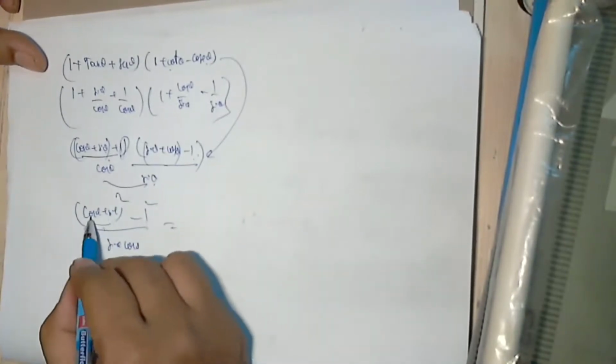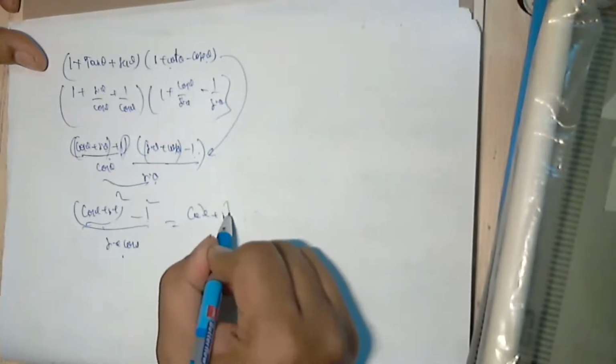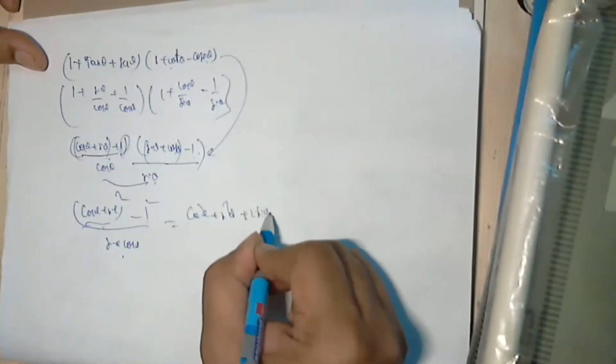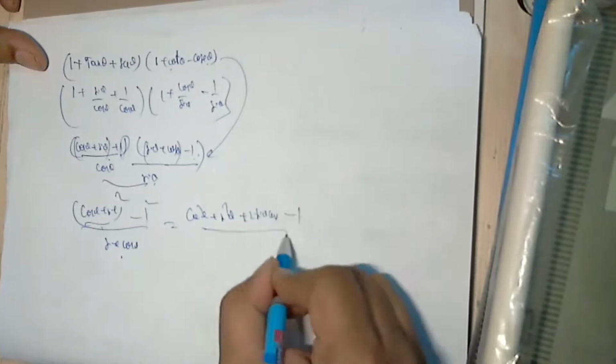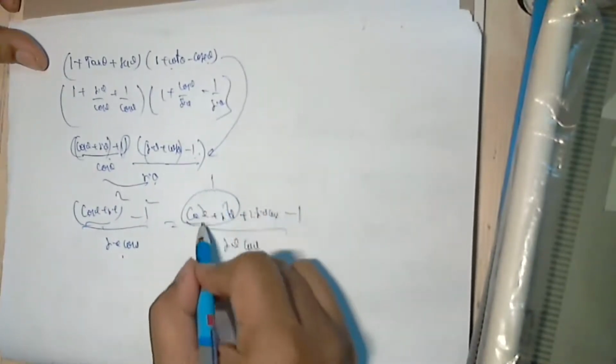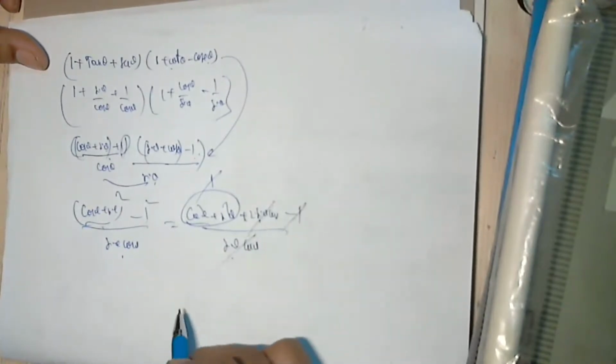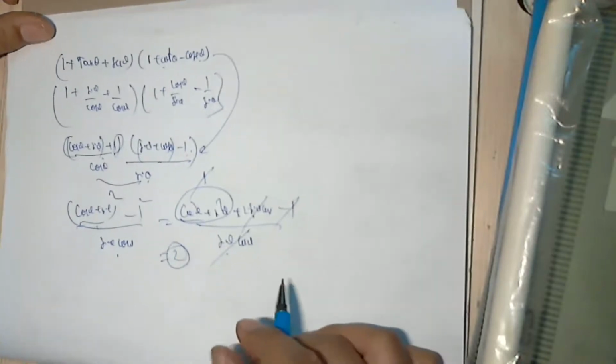So that is equal to cos square theta plus sin square theta plus 2 sin theta cos theta minus 1 by sin theta cos theta. Cos square theta plus sin square theta is 1, 1 minus 1 gets cancelled out. 2 sin theta cos theta by sin theta cos theta cancels out. Answer is 2.